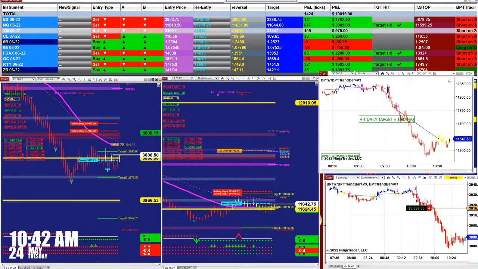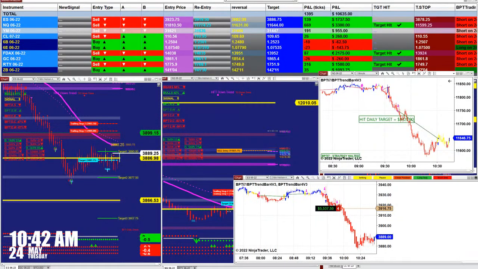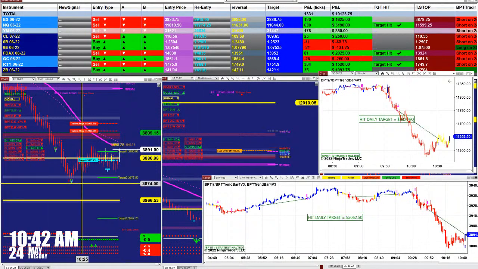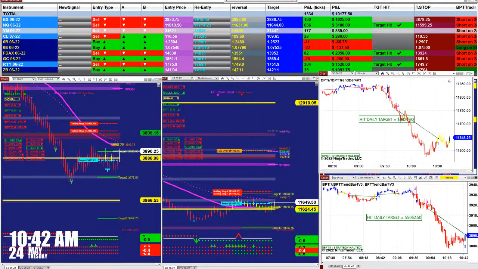I think it's better to go ahead and close this one. We closed it, and there is not much going on for the rest of this morning session to 12 o'clock.